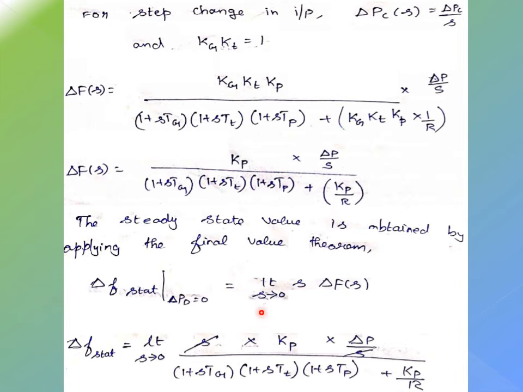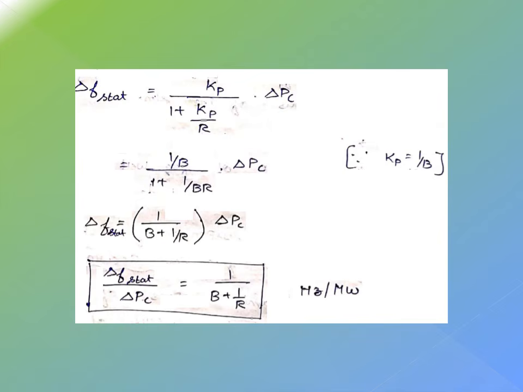So when you apply the limit s tends to 0, this denominator term goes to 0 and you will only get Kp into del Pc in the numerator and 1 plus this term in the denominator. So this is your del F static. Kp is replaced by 1 by B. So your equation will be 1 by B divided by 1 plus 1 by BR.